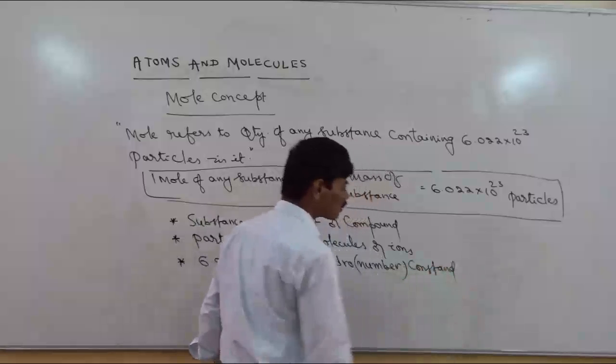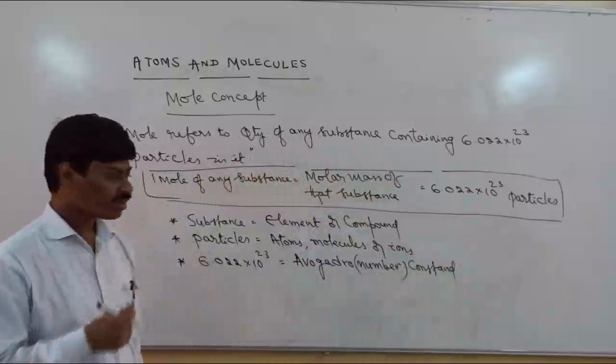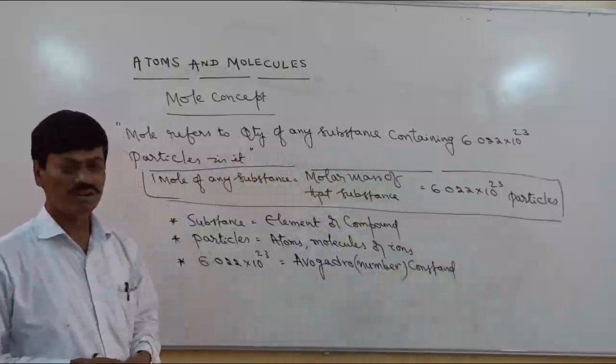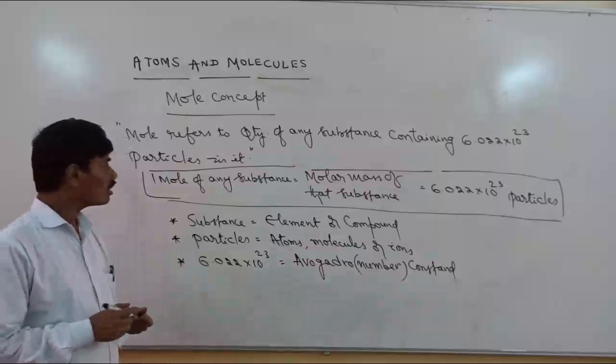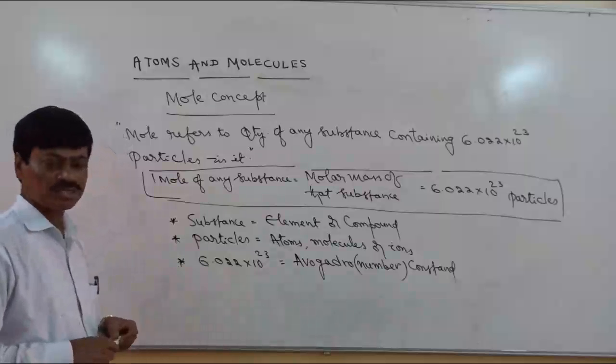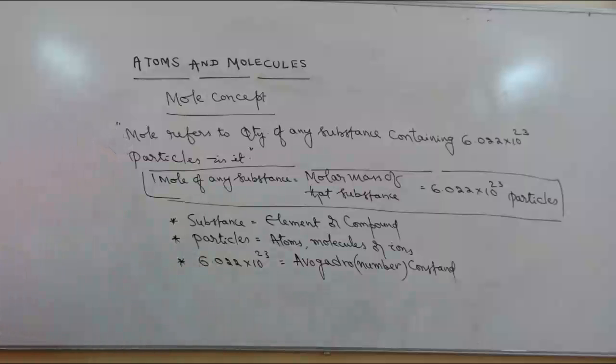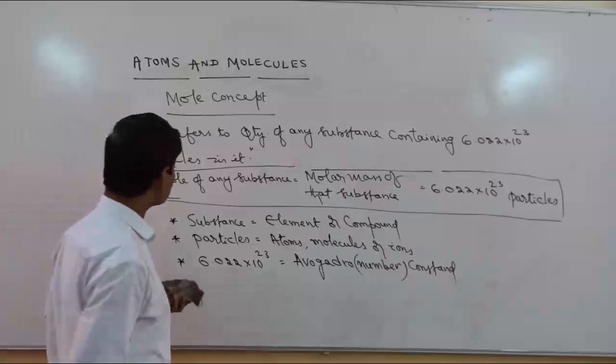This constant may be given in the numerical or may not be, and you have to memorize this number. So, that's about the mole concept. And I'll show this in another way so that we can better understand.